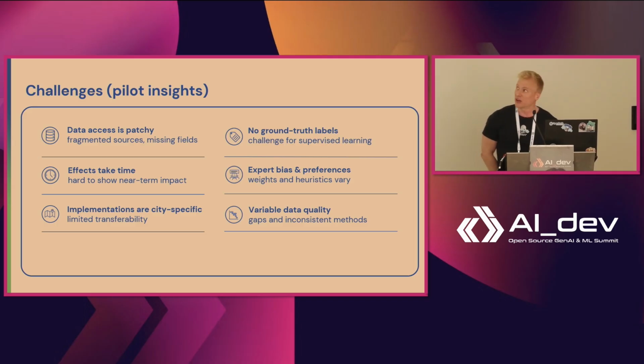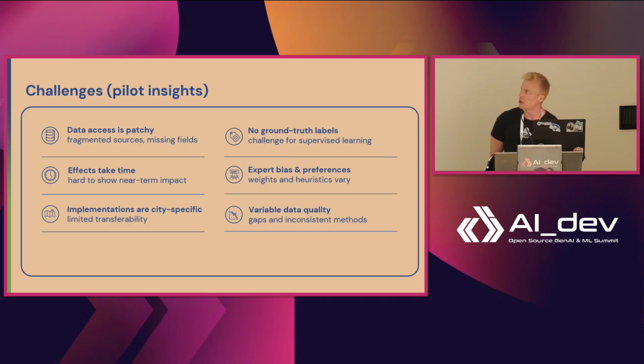And the last one here is that we have variable data quality, which goes back to the first one. We have different data sources, which means we also have different experts ranking different actions, and depending on the experts and their biases, we have actions in the dataset that are very similar but have vastly different, for example, reduction potentials, which shouldn't be the case.